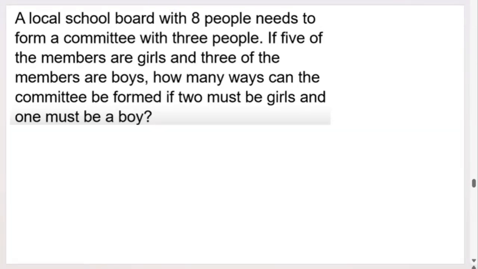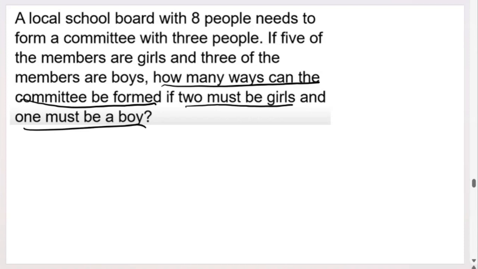You can see 5 girls here, and then 3 boys. So that is the total school board. Now, how many ways can the committee be formed if 2 must be girls and 1 must be a boy?